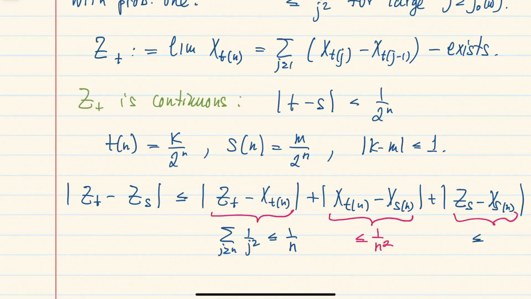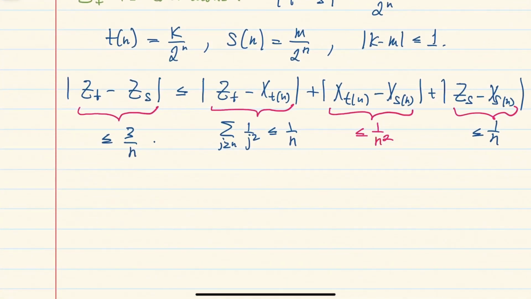This will be less than 1 over n. Okay, and so as a result, for large n, which depends of course on your point omega in your probability space, this difference will be bounded by, let's say, 3 over n.